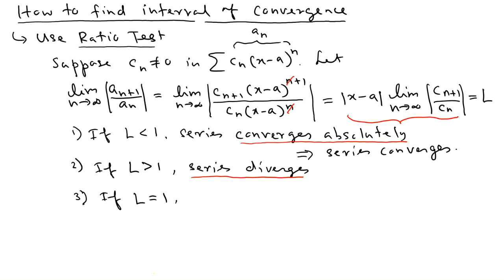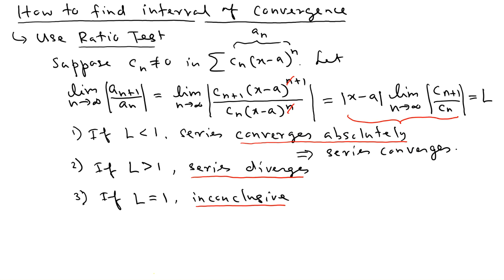So there is a problem. If L equals 1, we normally call the test failed or inconclusive. Inconclusive means you have to use some other test.